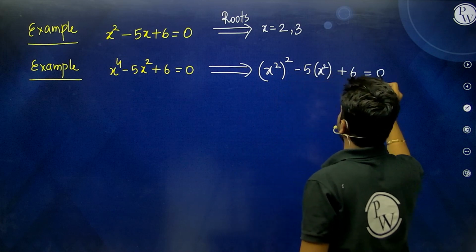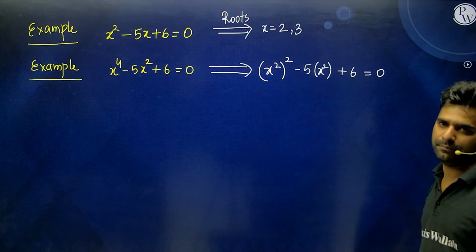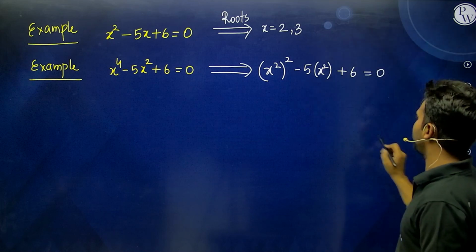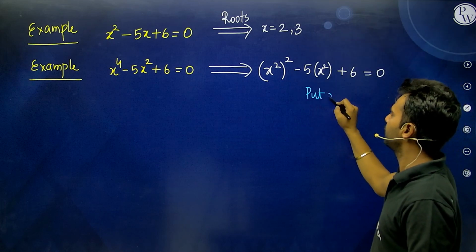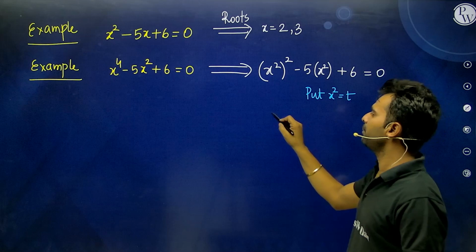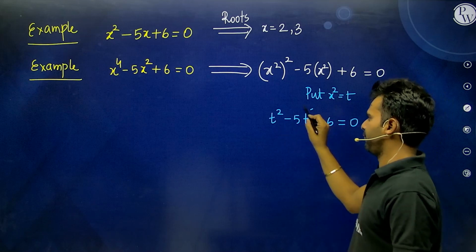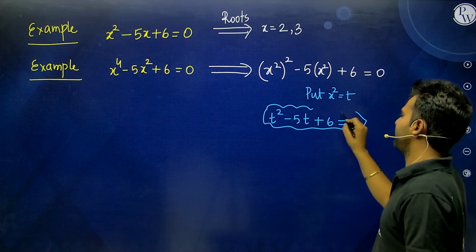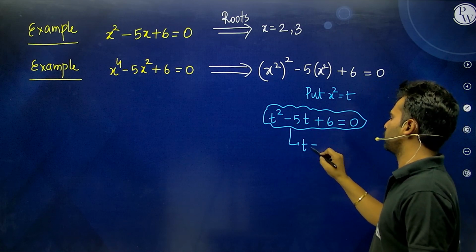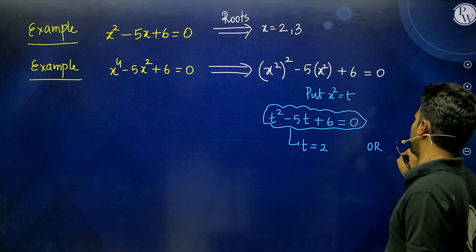So what we do is we put x square equal to t. And the problem becomes t square minus 5t plus 6 equal to 0. And from here we know the value of t possible: t is equal to 2 or t is equal to 3.